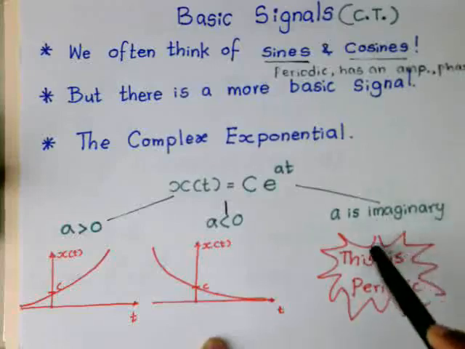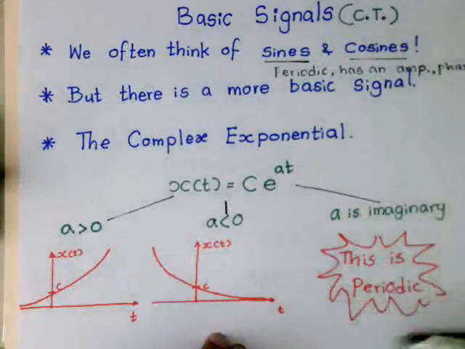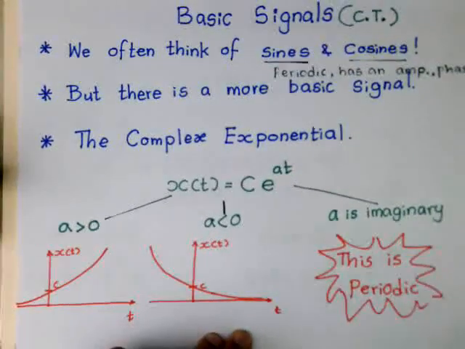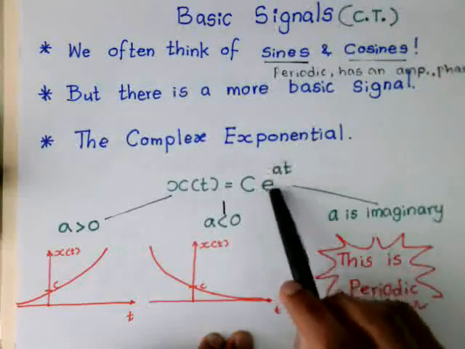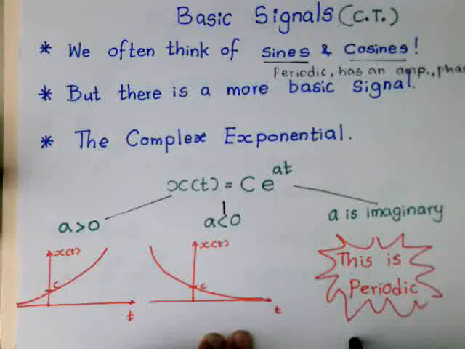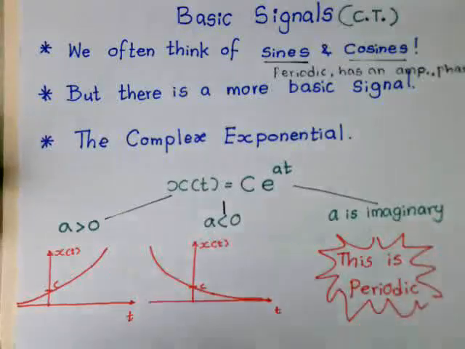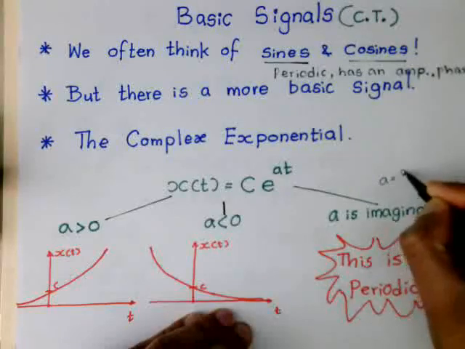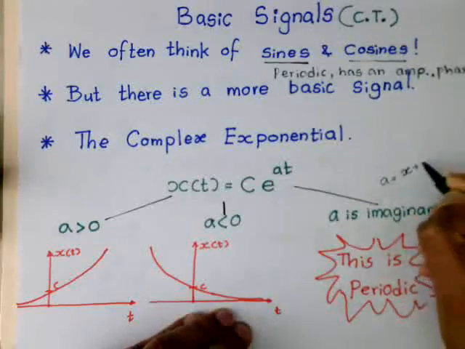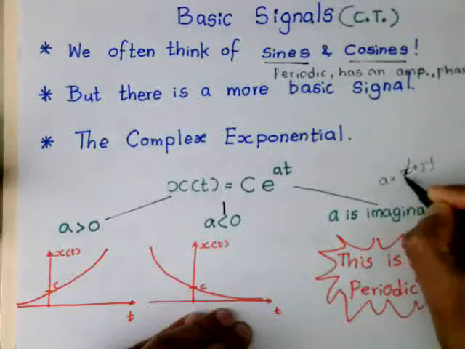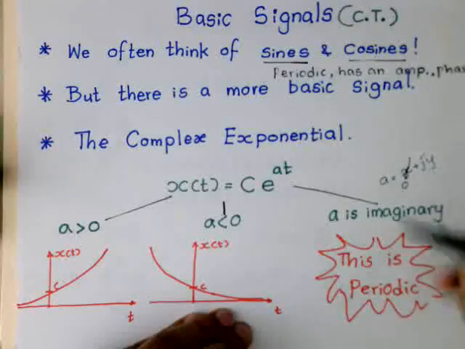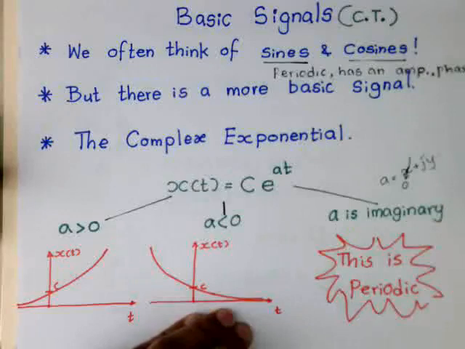However, in the case of an imaginary a, this is a periodic signal, and it actually has a very unique signature in the frequency domain. Depending on whether a is negatively imaginary or positively imaginary, without a real component. What that means is, if a is imaginary, you can have a real part, but if it's purely imaginary, jω, the real term goes to 0. So that means you only have an imaginary component, and that is the complex exponential that we're going to talk about.